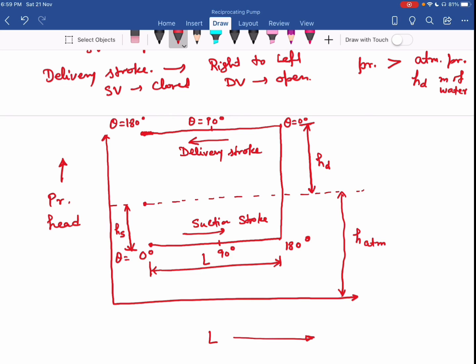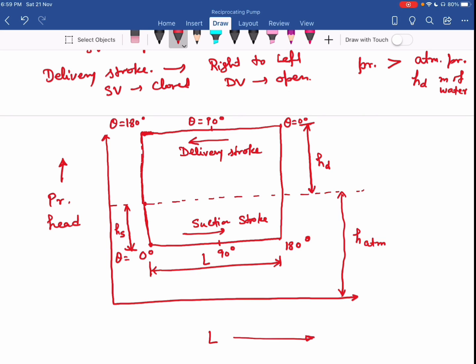So at the end of the delivery stroke, my delivery valve closes, suction valve opens, and now again the pressure drops to atmosphere. Okay, then with the opening of suction valve and piston starts moving from left to right, the pressure drops to less than atmospheric pressure. Okay, so this completes my indicator diagram.